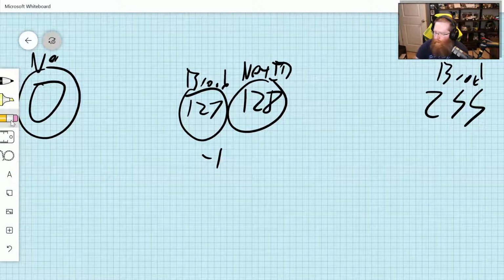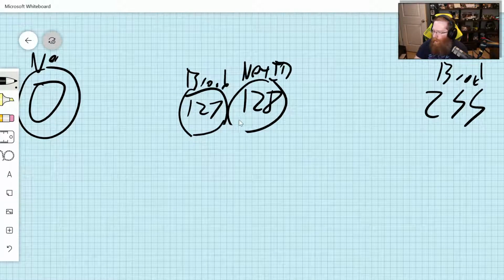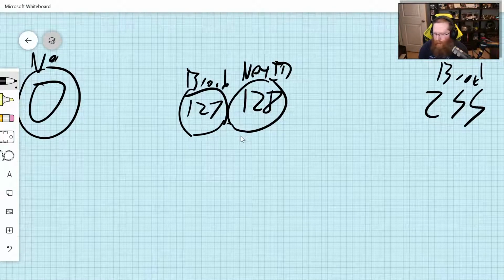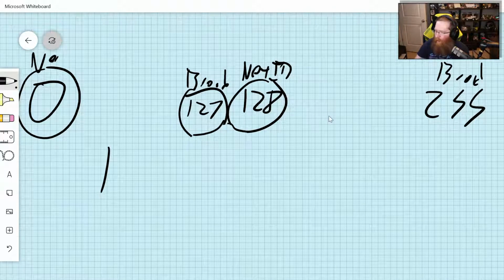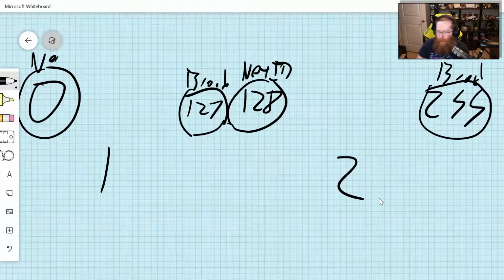So now, without doing a whole heck of a lot of math, we now know anything between the 0 and the 127 is on network 1. Anything between the 128 and the 255 is on network 2.